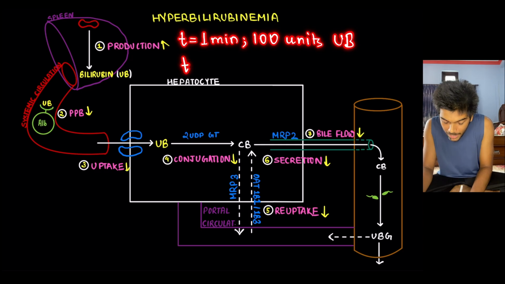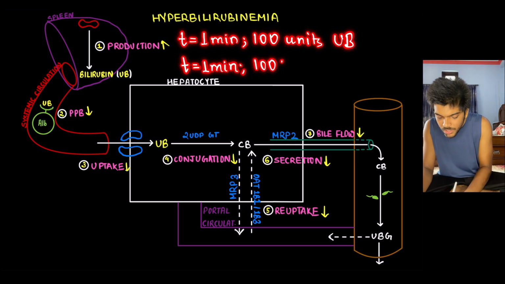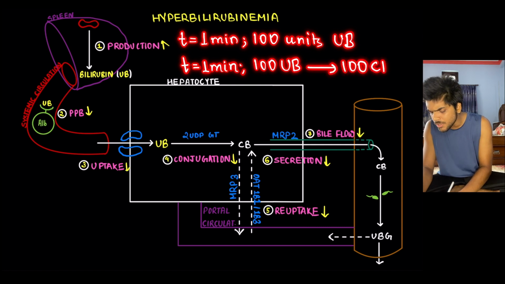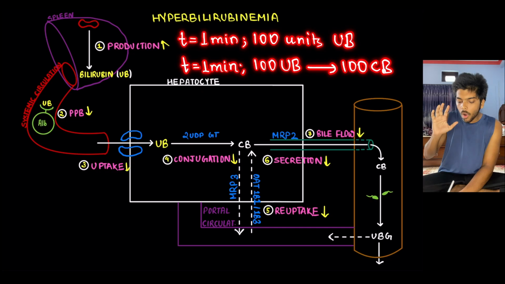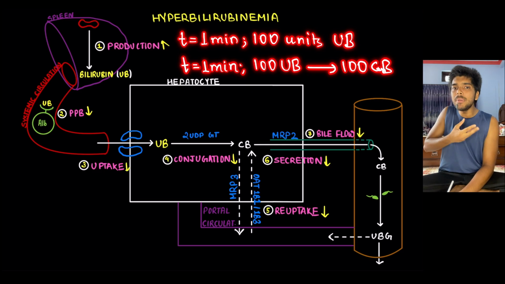In the same time, 1 minute, 100 units of unconjugated bilirubin is conjugated into 100 units of conjugated bilirubin. Means all the unconjugated bilirubin produced by the spleen is conjugated by the liver in the same period of time.